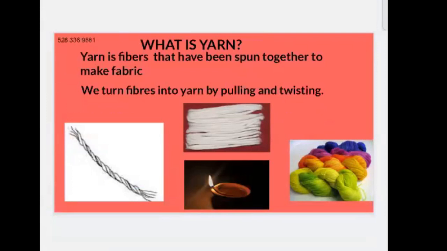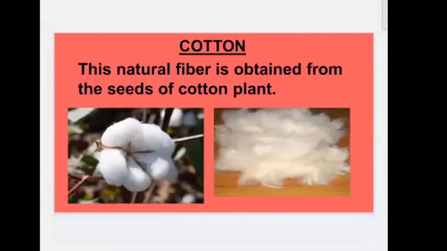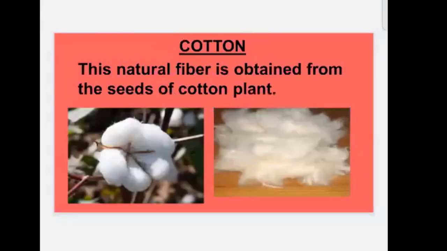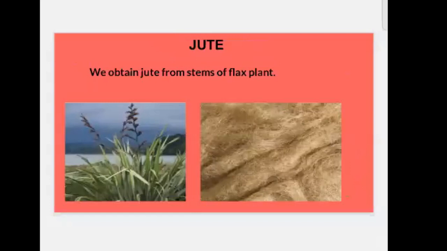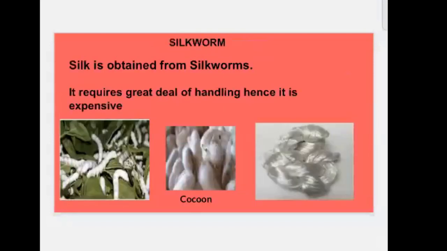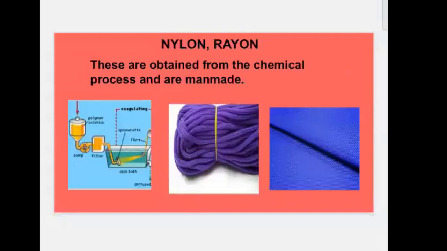After that, we have seen 4 to 5 types of fibers. We get cotton fiber from cotton seed. We get jute fiber from stems. We get wool from sheep. Then we get silk from silkworms, and we get nylon, polyester and rayon from chemical processes.